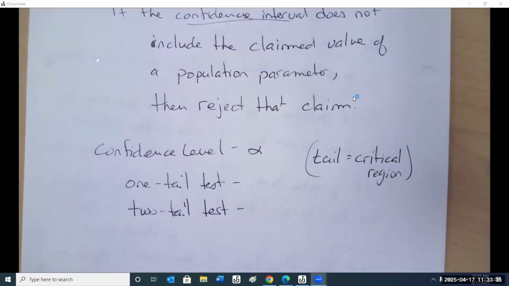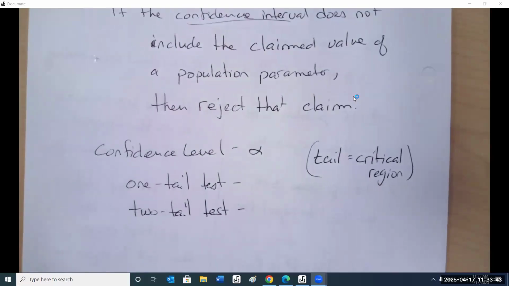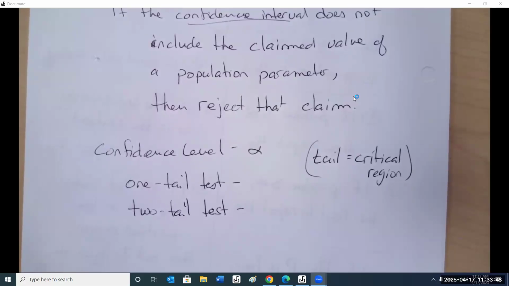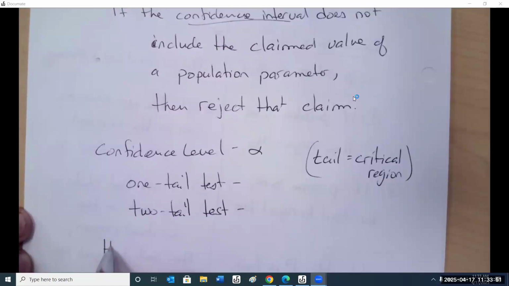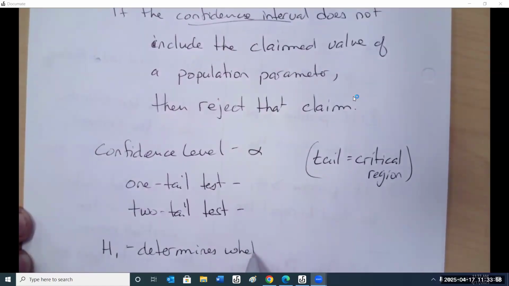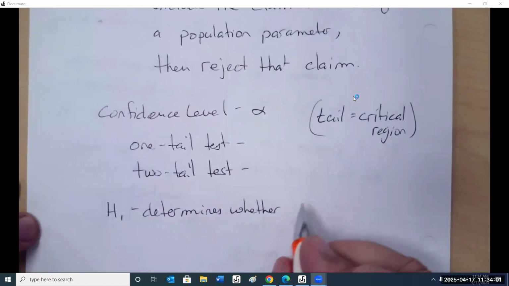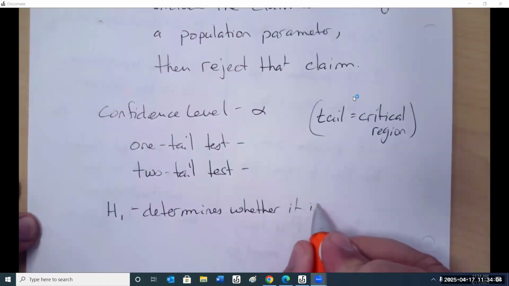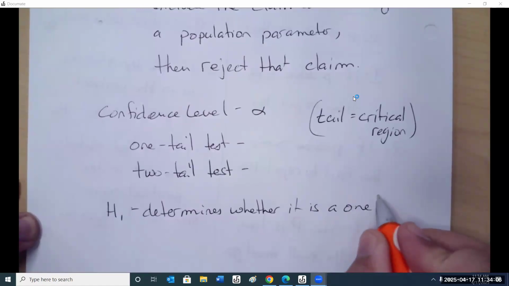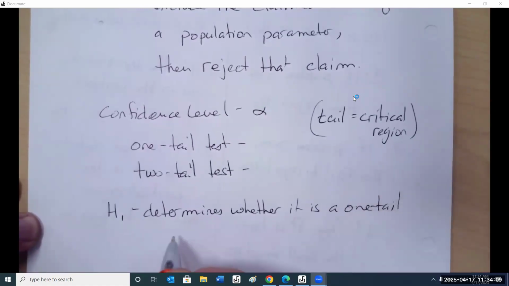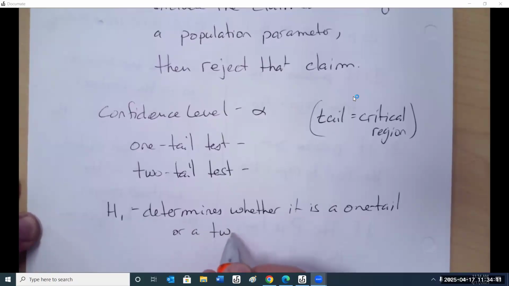How do you determine if it's a one tail or a two tail test? What determines that? The alternate hypothesis determines whether it is a one tail or a two tail test.